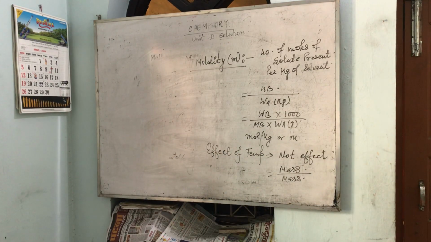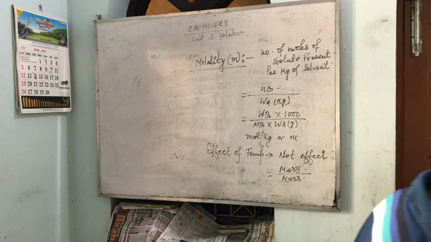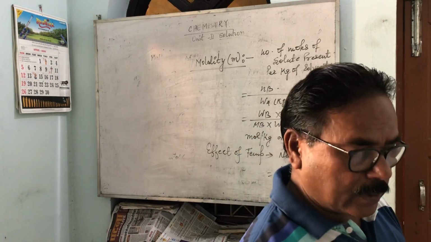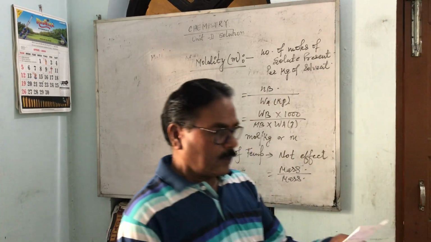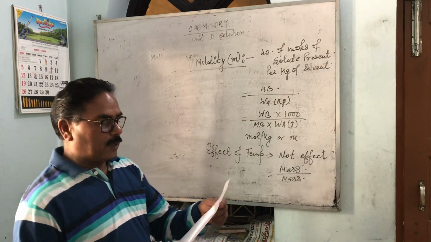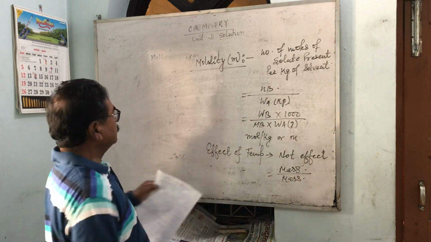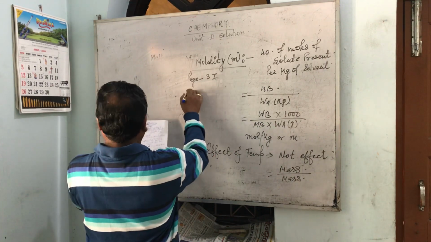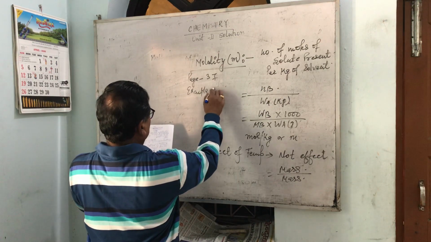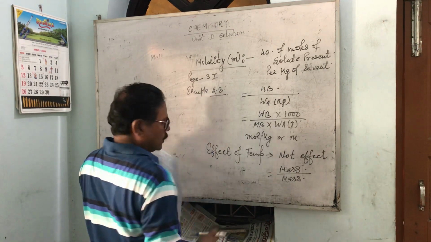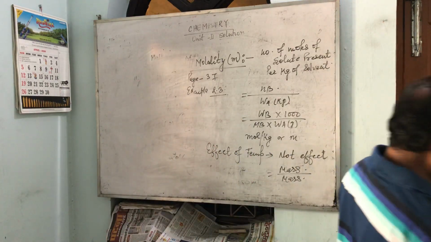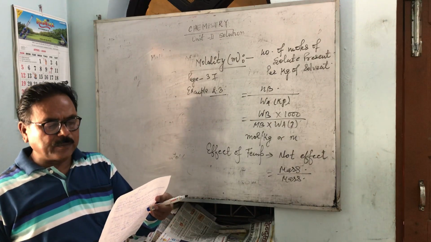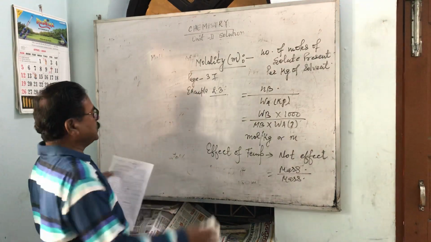Now there is one problem related to it. This is a molality problem, page number 37 and example 2.3. The problem is: calculate the molality of 2.5 gram of ethanoic acid in 75 gram of benzene.